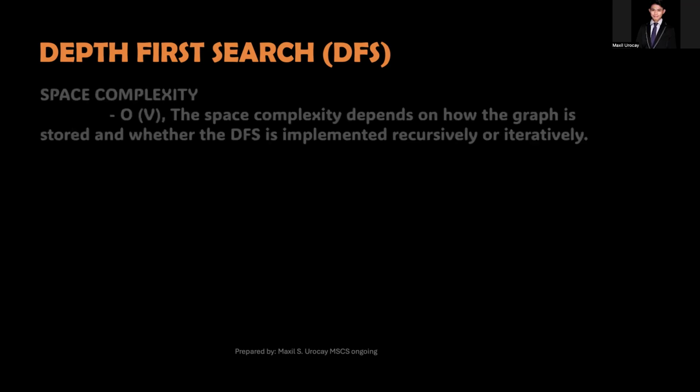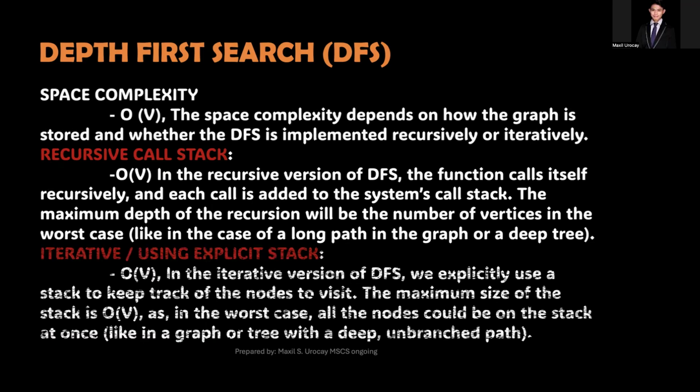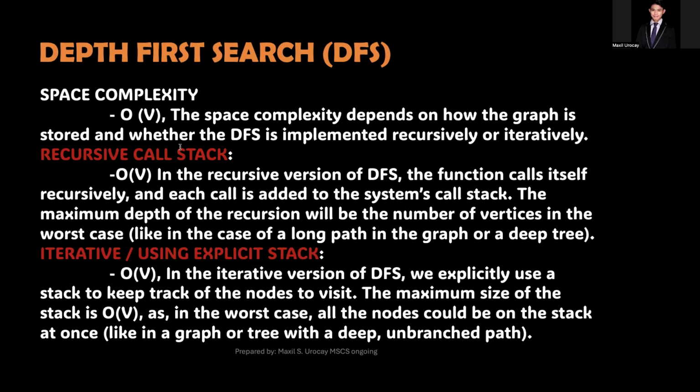Now, for the space complexity, we have the recursive call stack as well as the iterative approach. The space complexity is O of V. It depends on how the graph is stored and whether the DFS is implemented recursively or iteratively.